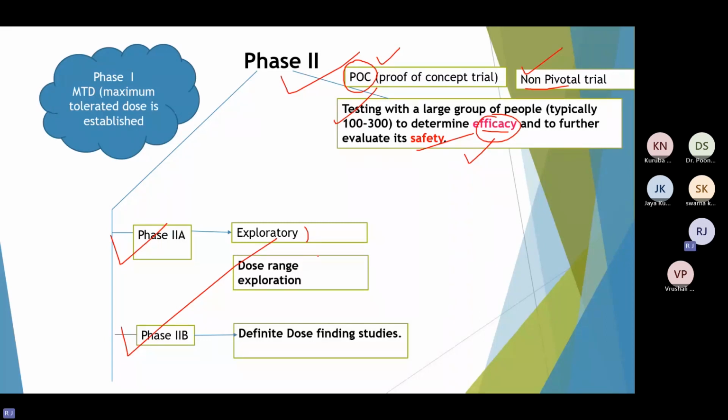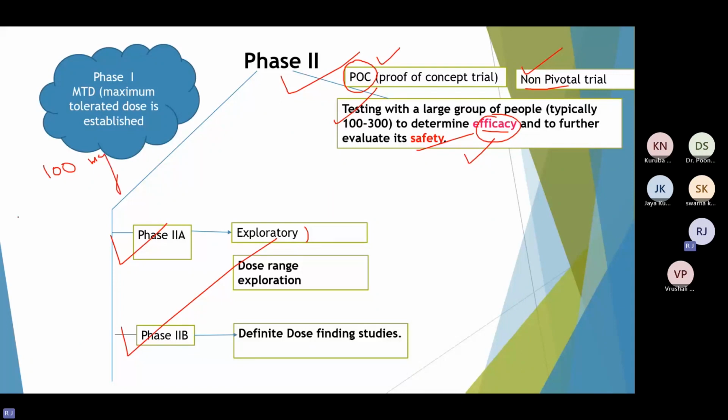For example, in phase 1, we have determined the maximum dose that person can tolerate. For example, 100 mg is the dose of a drug which can be tolerated by any subject.